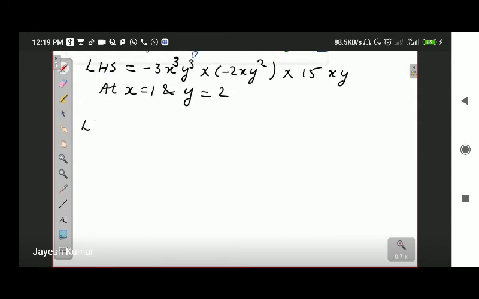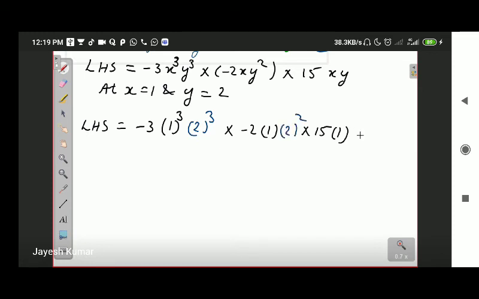So LHS will become minus 3. In place of x we will write 1, into minus 2, in place of x 1, into 15, in place of x 1, and in place of y we are going to write 2 cube, in place of y 2 square, in place of y 2.